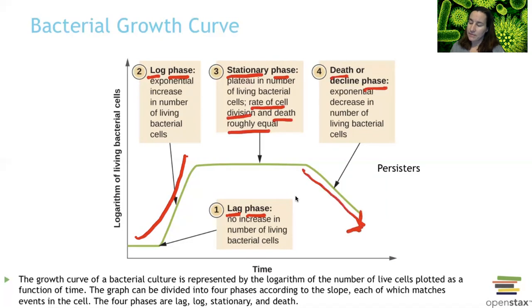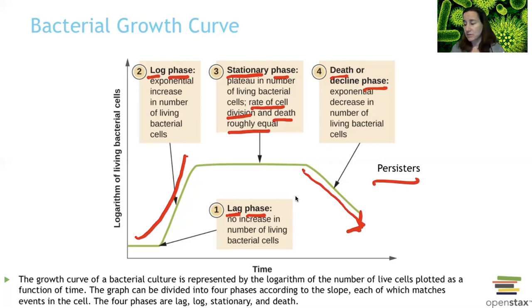Sometimes in this death phase, the cells realize that the conditions are bad, and so they're going to slow down their metabolism. They will shut stuff down and kind of go into hibernation mode, and sometimes those guys are called persisters. So they can hang out in this hibernation state until conditions get better.